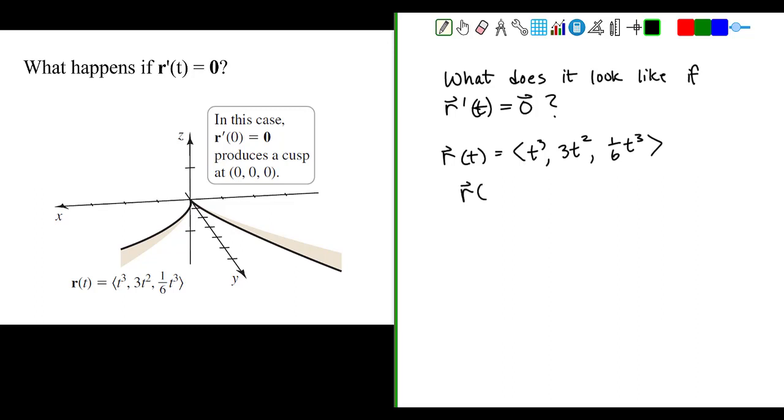At the point t equals 0, we do have a 0 vector for our position, and the derivative is also equal to the 0 vector. In this situation, what we have here is a cusp.